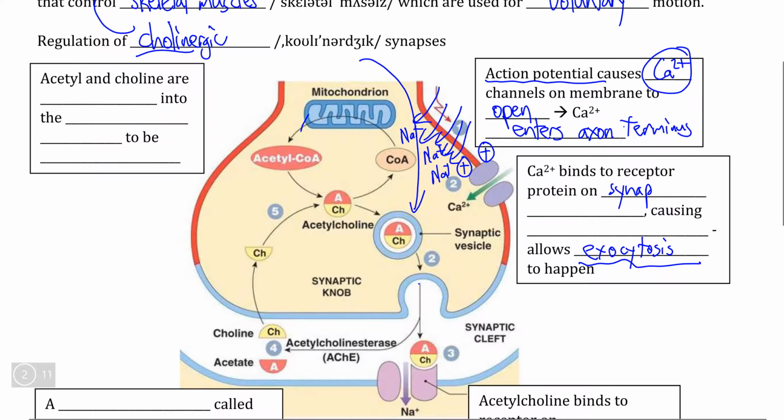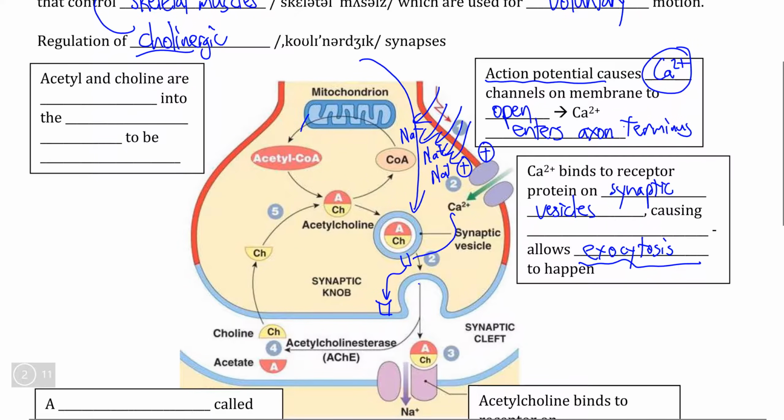So on these synaptic vesicles that contain acetylcholine, there are specific receptor proteins that match receptor proteins that are found on the inside of the axon's membrane, and when these receptor proteins bind, it triggers the process of exocytosis. The problem is, as we can see from the haphazard diagram here, the structure and shape is not complementary enough in order for these receptor proteins to bind to each other.